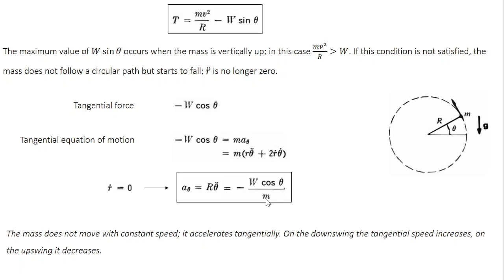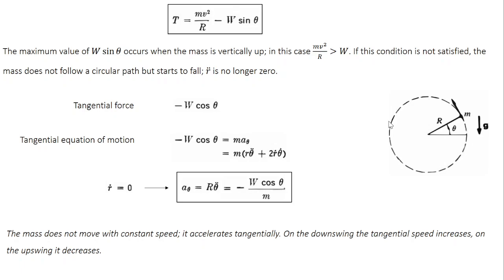And here the mass does not move with constant speed, it accelerates tangentially. So you can see that acceleration depends on the angle θ. When the object is at this position, θ equal to 0, cos θ equal to 1. At this position, during the upward swing, θ equal to π/2 and cos θ equal to 0.